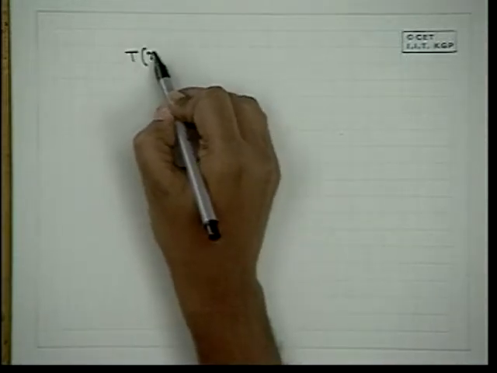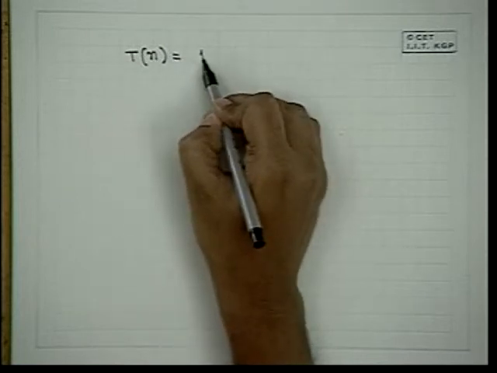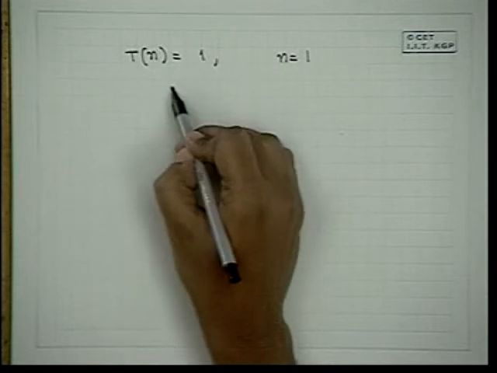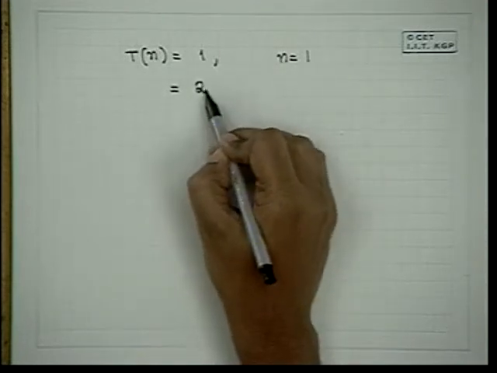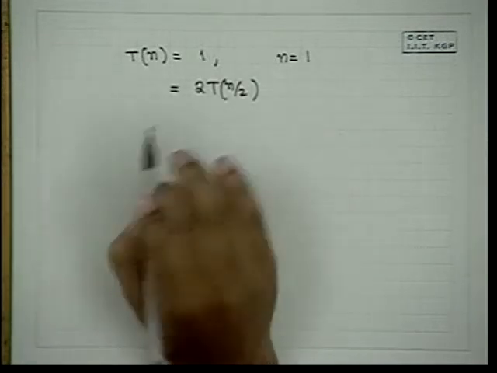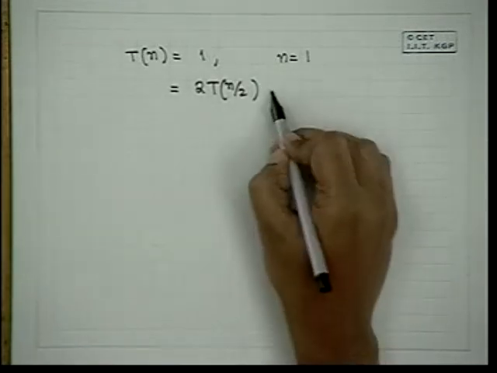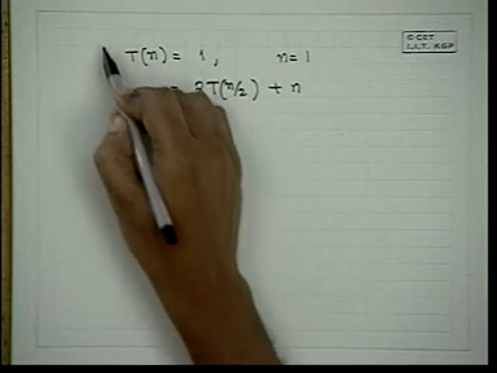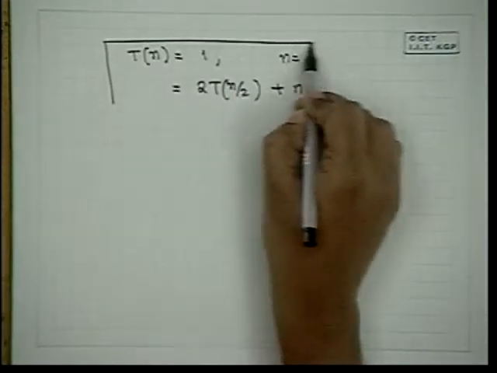then our equation is Tn is equal to 1, n is equal to 1, and is equal to 2 of Tn by 2 for the two halves, plus n by 2 plus n, right? So we have to solve this one.